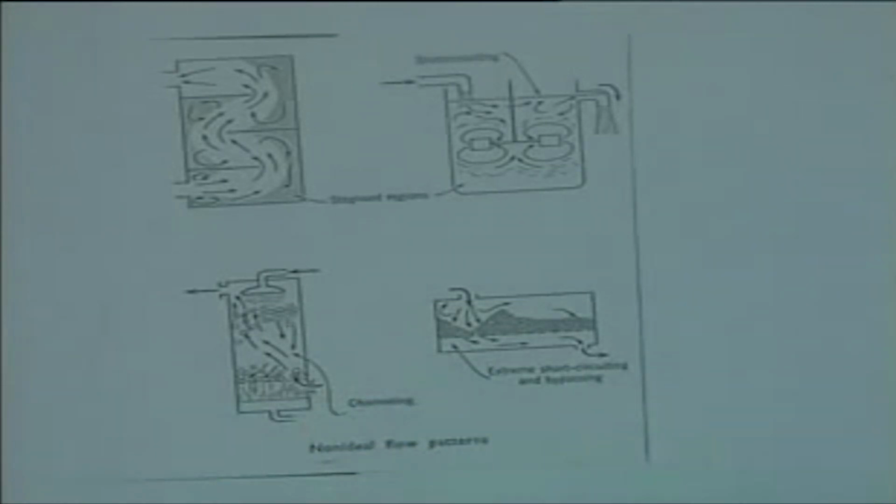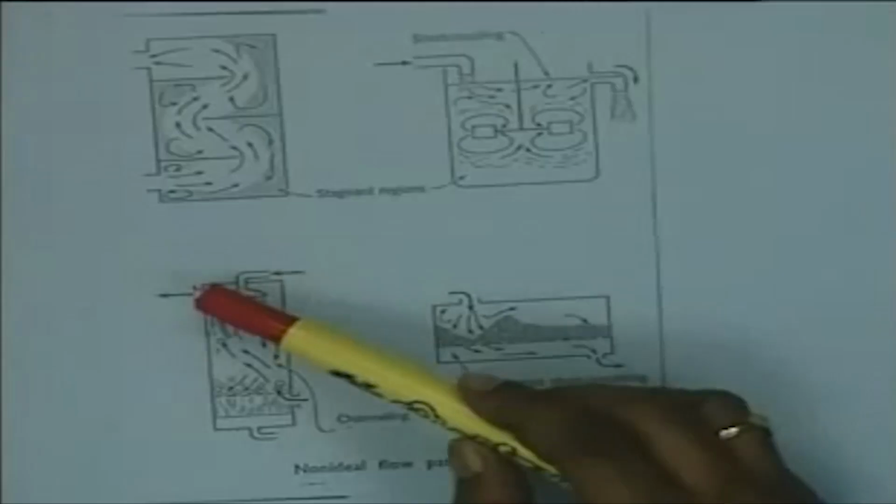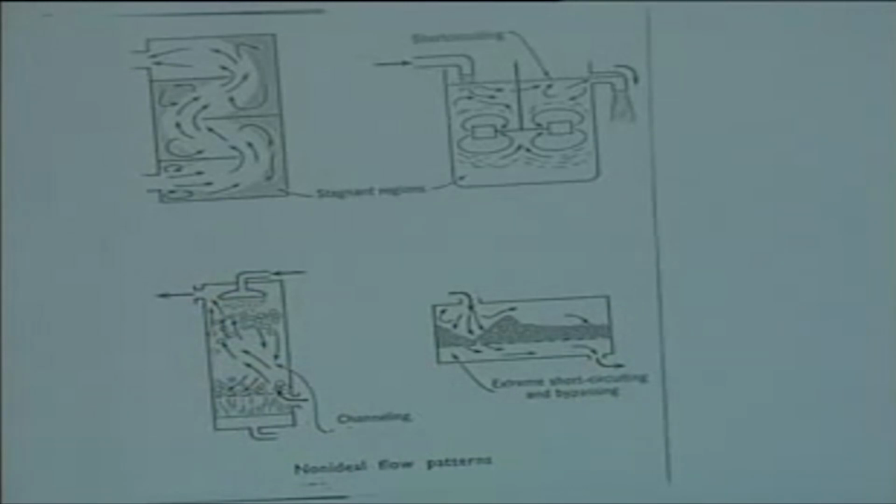If, for example, in a packed bed reactor, the particles are not of uniform size and the packing is not uniform, there might be some channeling, with the result that a part of the fluid stream getting into the reactor passes through unreacted, and therefore the performance deteriorates.